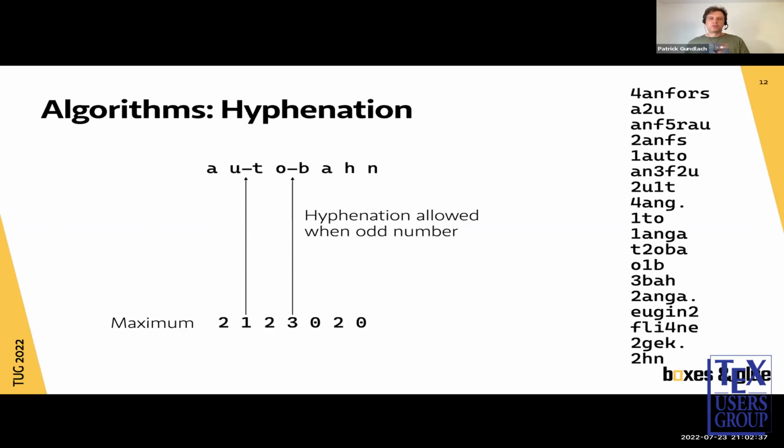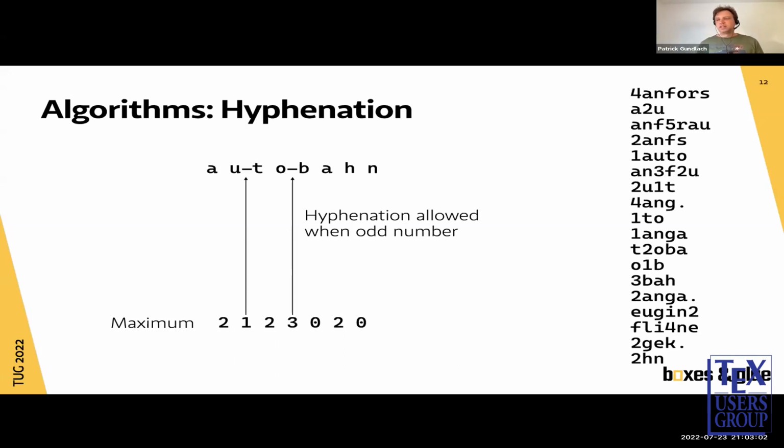So that's the way this algorithm works. But the algorithm is rather simple and can only return a signal where hyphenation is allowed or not allowed, but it cannot give you a priority or a preference where it is more feasible to break or less feasible. And I will come back to this at the end of the presentation.